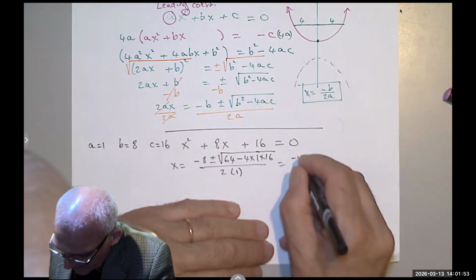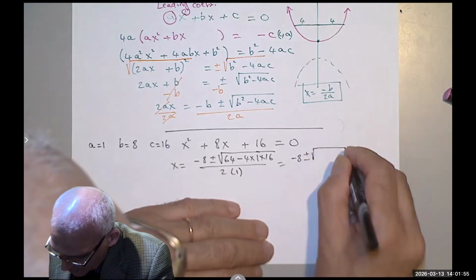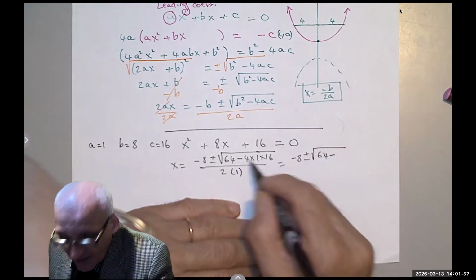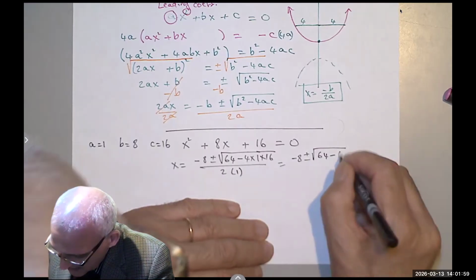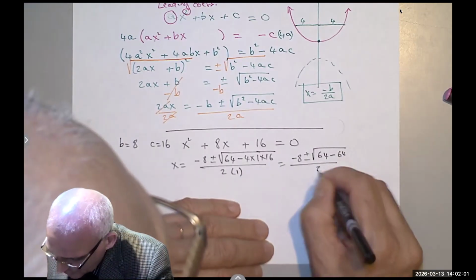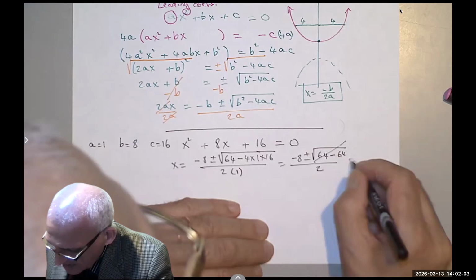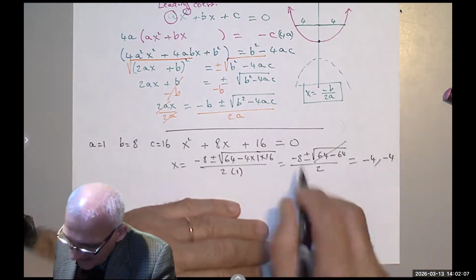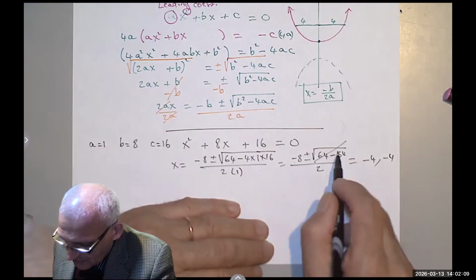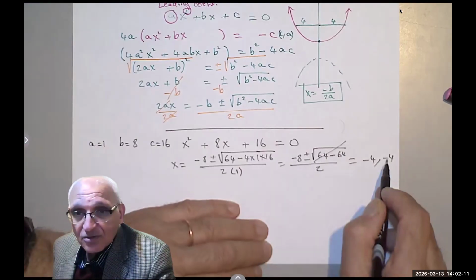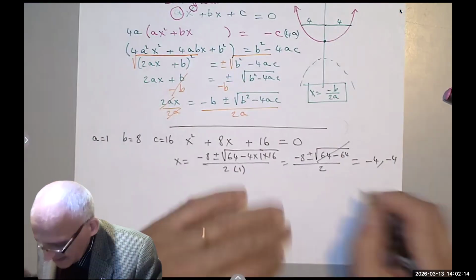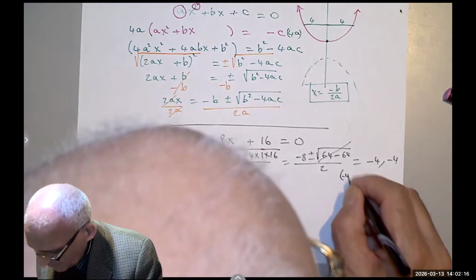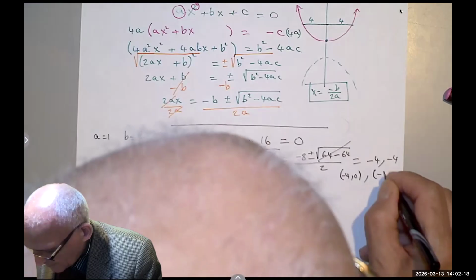So it's negative 8 plus or minus the square root of 64 minus 64, over 2, equals negative 4. It's really negative 4 plus 0 and negative 4 minus 0. So you get basically negative 4 and negative 4.